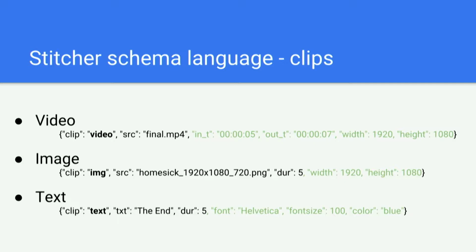And similarly for an image, however, the image also has an additional required key called duration to tell you how long that image will be displayed for. And similarly for text. The optional parameters are obviously not necessary, but they are configurable nonetheless.